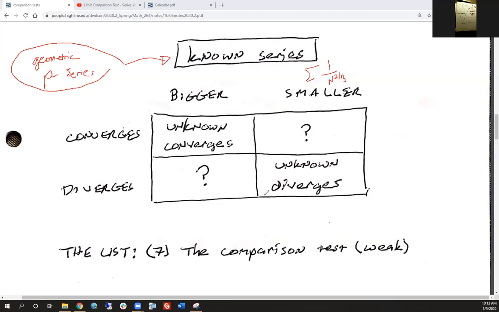The one we knew was bigger. Yeah, so it lives in this box right here because the known series is bigger. It diverged, which left us with an inconclusive result, which is kind of aggravating. Good news is coming, but we're not quite there yet.